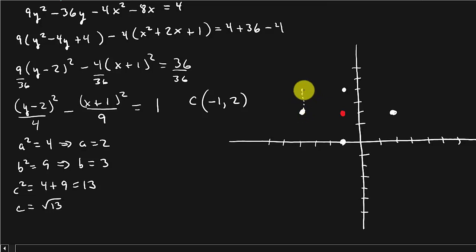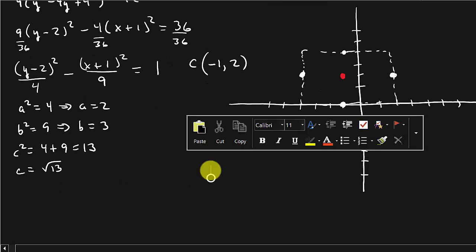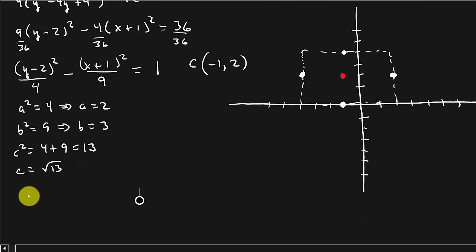All right, so let's draw our box here. Yeah, we're going to get our asymptotes too, because they ask us to find them.